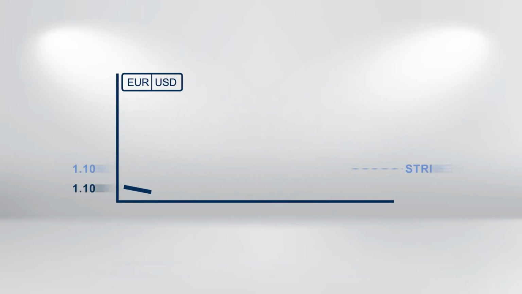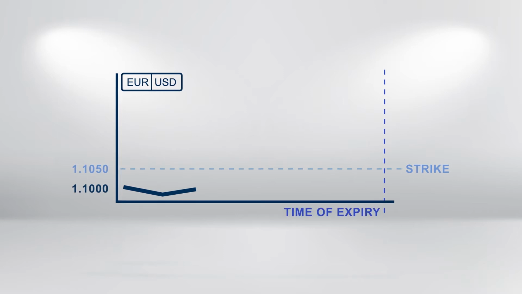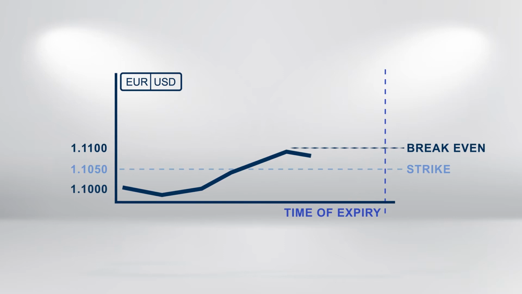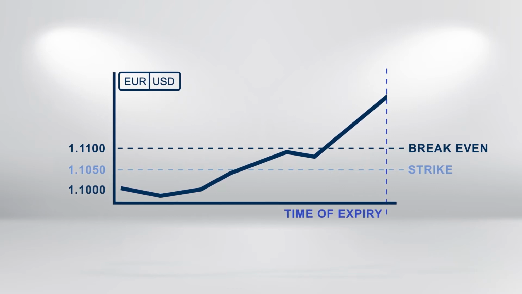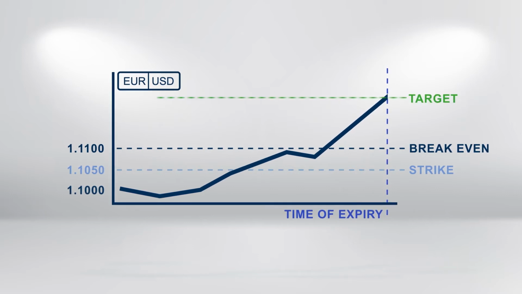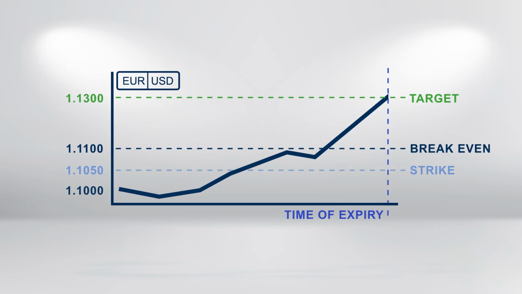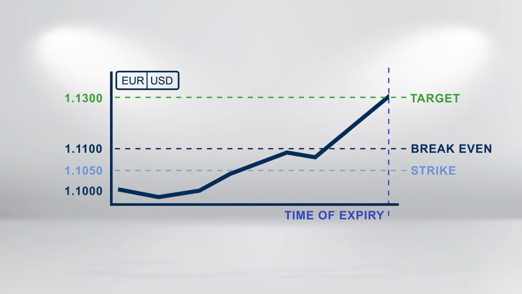On the other hand, if euro-dollar trades above 1.1050, then we should exercise the option, but we need it to trade above 1.1100 to make a profit on the strategy. This is because the price of the option was 50 pips. With euro-dollar reaching our target at 1.1300 after 2 weeks, we can exercise the option and buy euro-dollar spot at 1.1050.